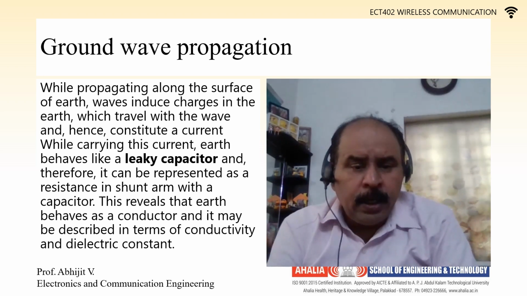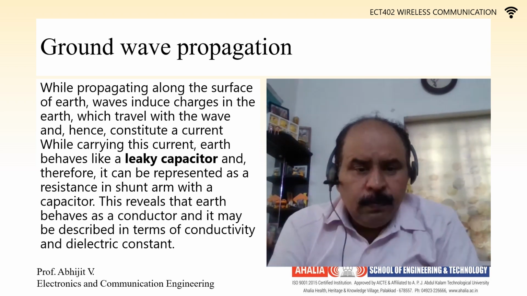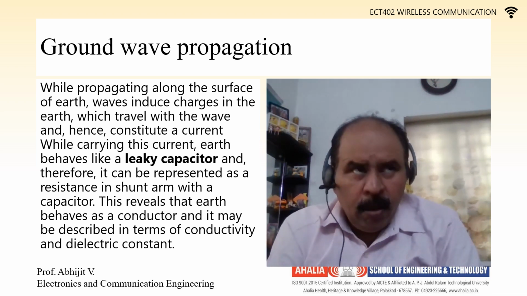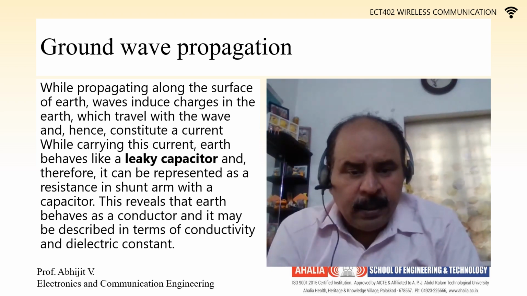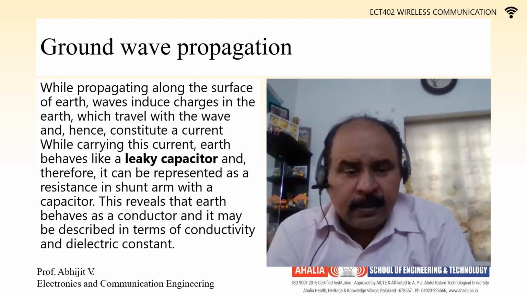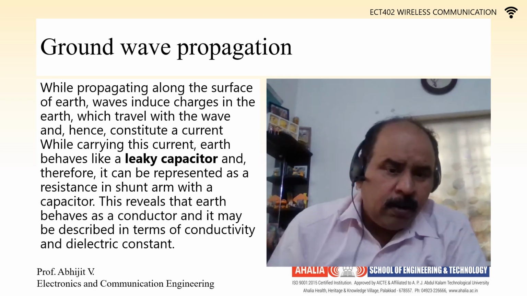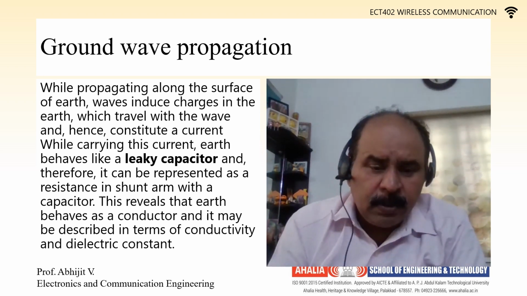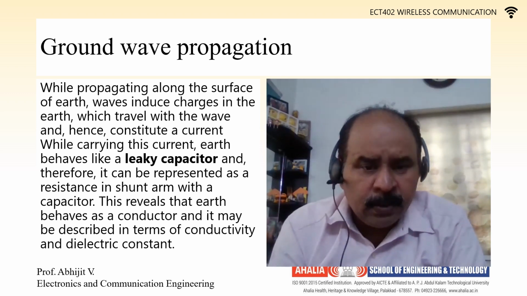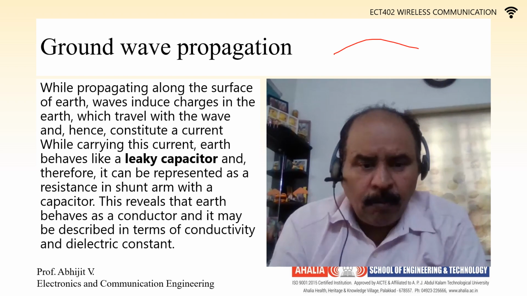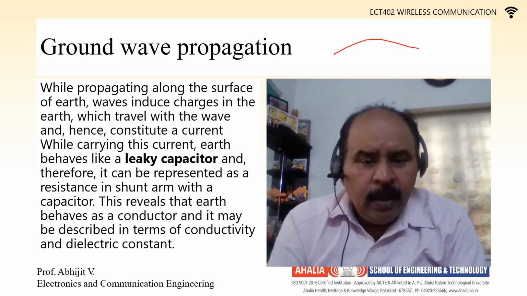While propagating along the surface of the earth, waves induce charges in the earth which travel with the wave and hence constitute a current. Here we are trying to explain that the ground acts as a leaky capacitor. That means when the waves are transmitted across the surface, they induce some charges in the earth, which travel with the wave, and this constitutes a current.